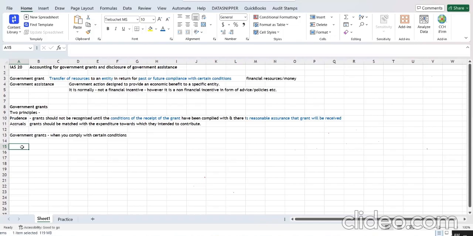Okay? So now we have two types of grants. First is revenue grant and the other one is capital grant. Okay, so first, we are going to discuss revenue grant.